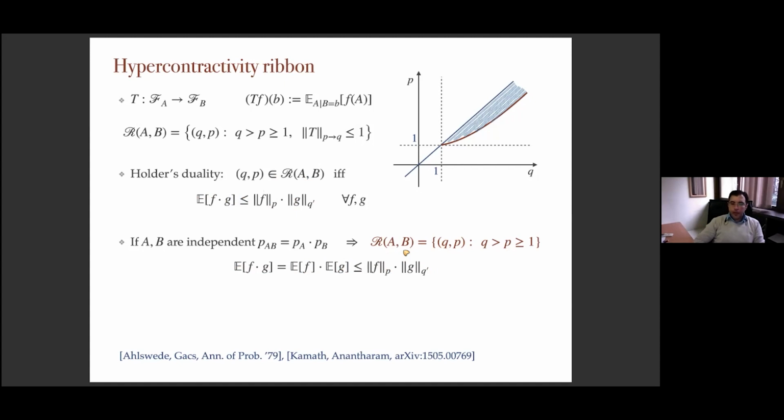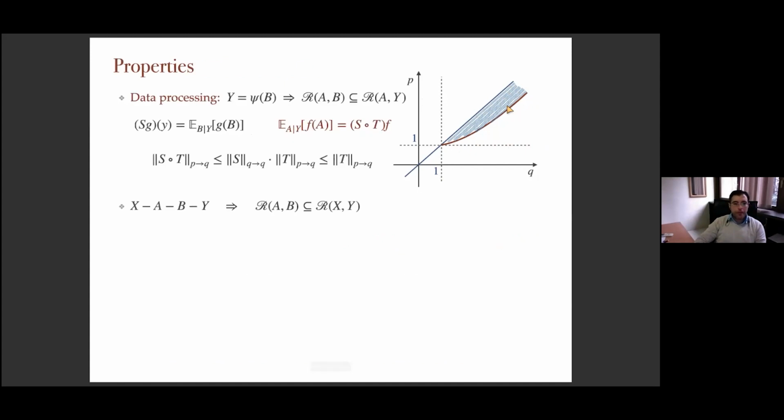So when A and B are independent, the hypercontractive ribbon would be the largest possible region. It is a subset of this triangle shape here, and in the independent case, it would be exactly this largest possible set.